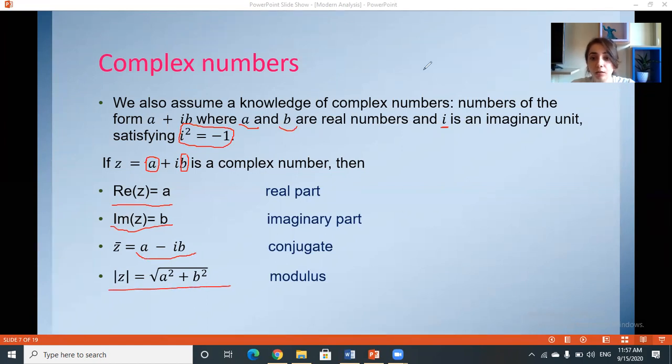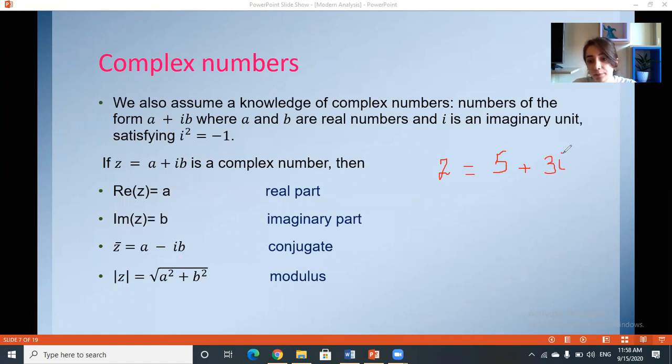And let me write an example. For example, let z be 5 plus 3 times i, let it be. Okay.